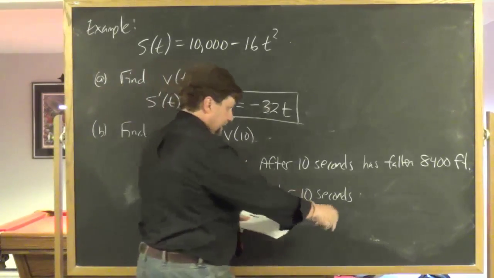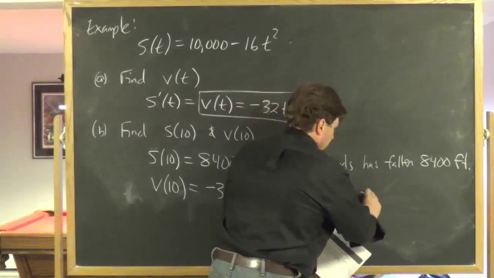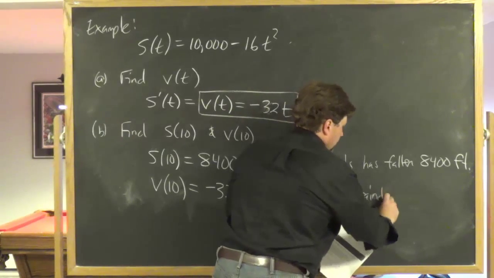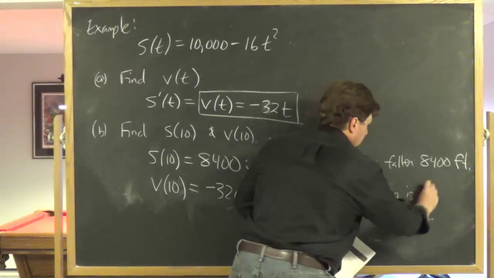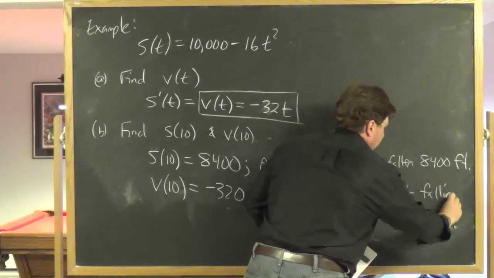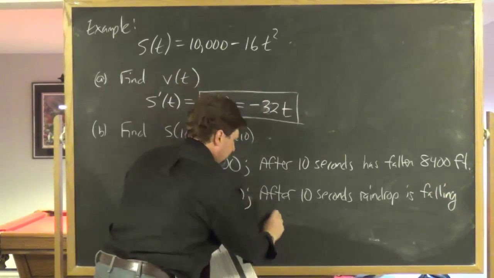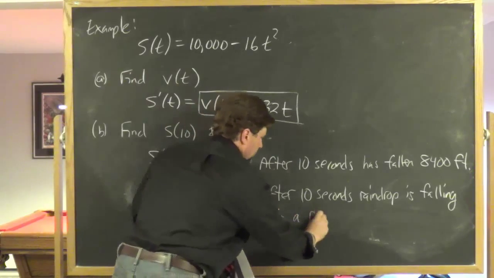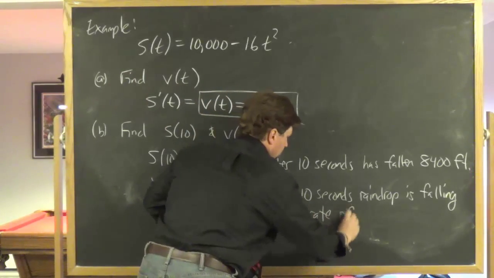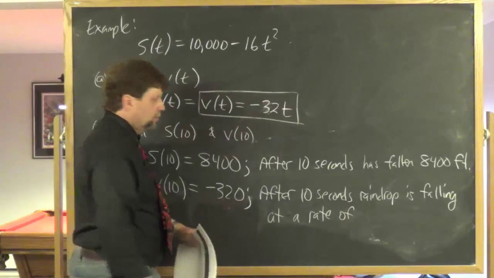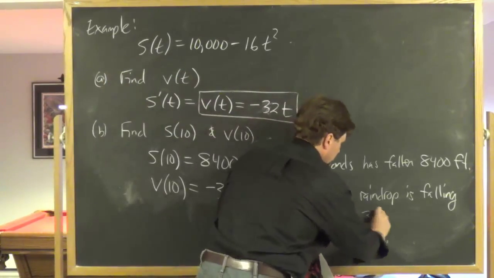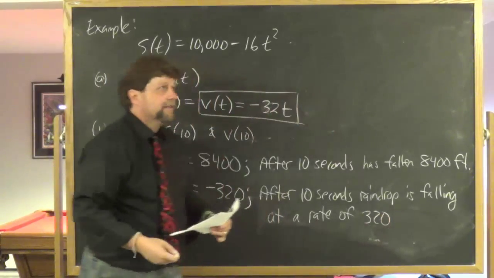So after 10 seconds, this raindrop is falling at a rate of 320. Now I need units.